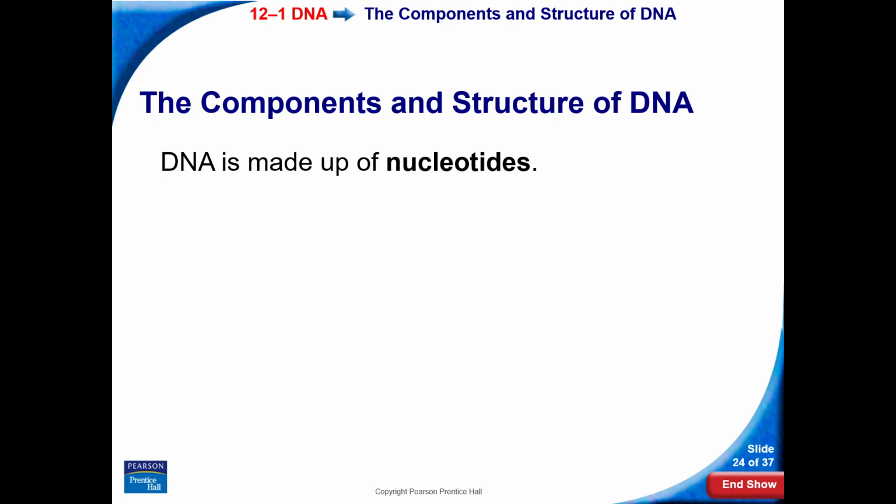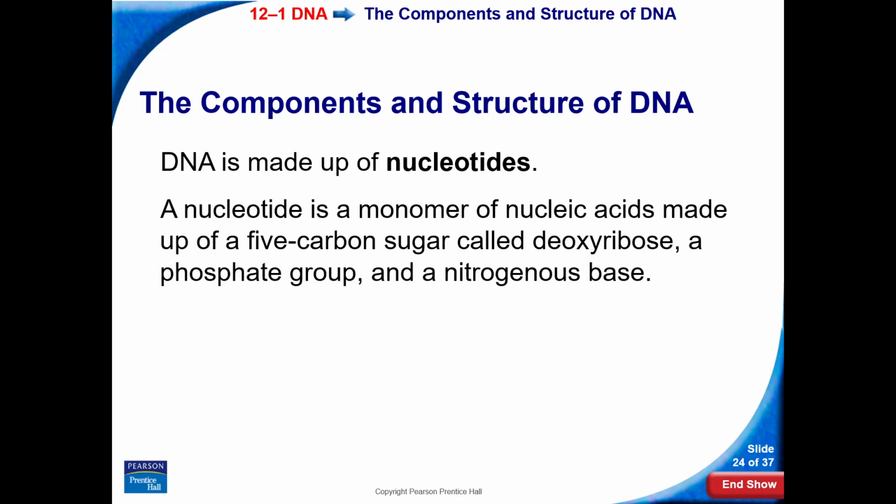DNA is made up of monomers called nucleotides. Okay, so hopefully that makes sense to you. Carbohydrates are made up of monomers called simple sugars. Proteins are made up of monomers called amino acids, and so on. So the polymer DNA is made up of individual structures called nucleotides.